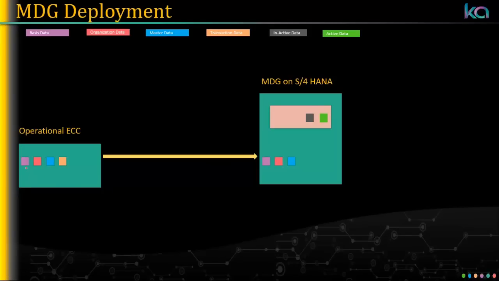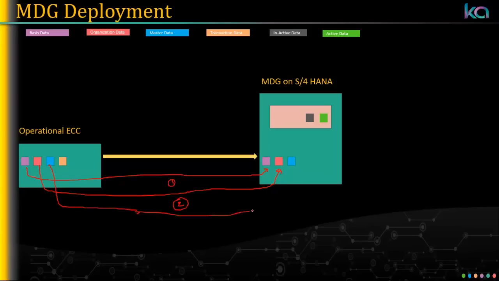First we'll create the user IDs, then we'll create the org data, we'll move the org data from operational ECC to S4HANA, and then there would be a movement of master data from my operational ECC to MDG or S4HANA box. There are various ways of doing it.